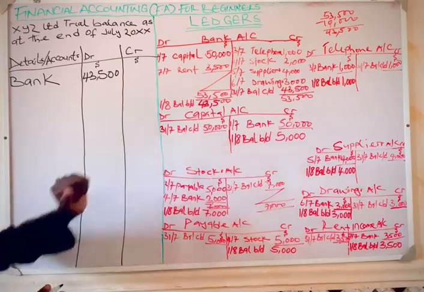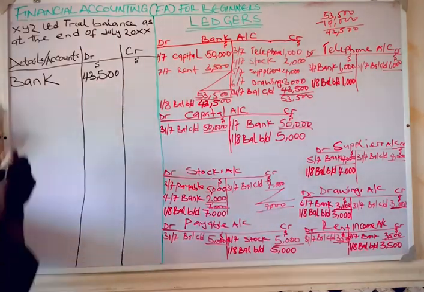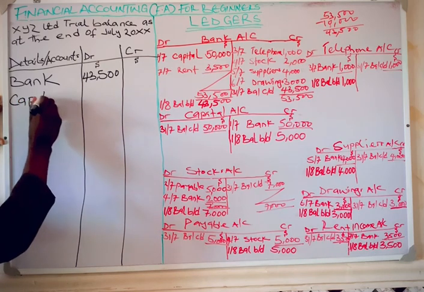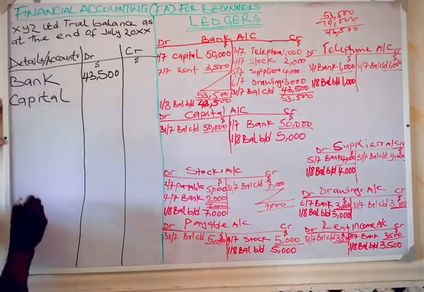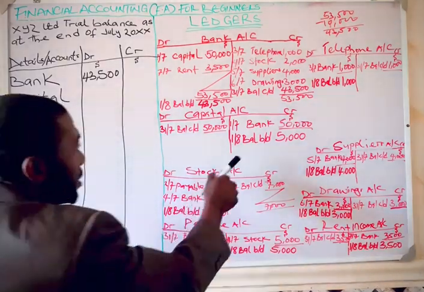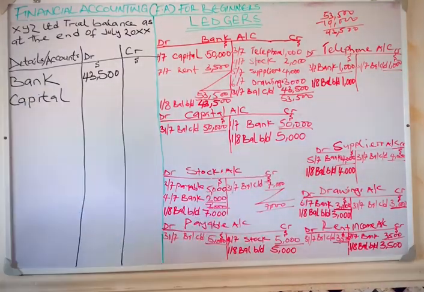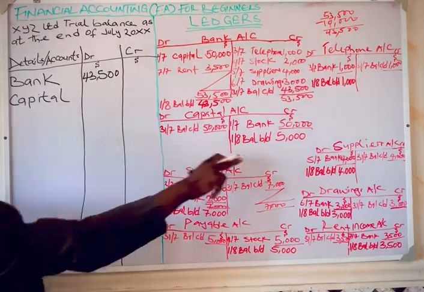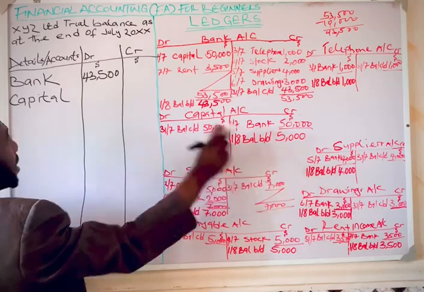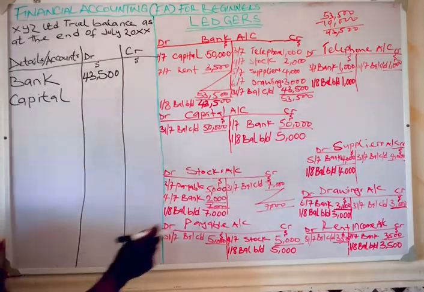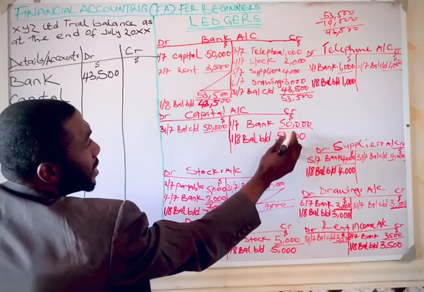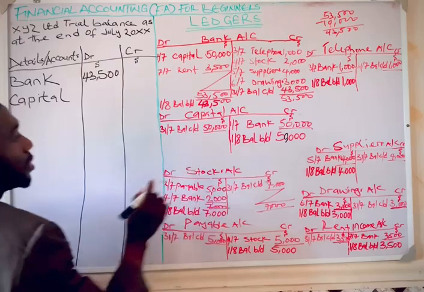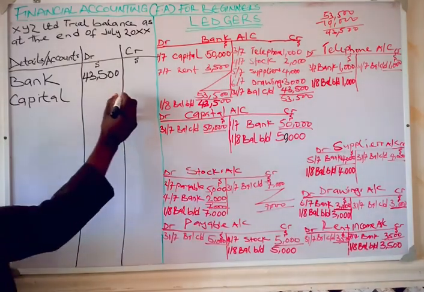We go to the next account, which is the capital account. You write your capital account. The capital account balance BD is at the credit side, so in our trial balance the balance goes to the credit side: 50,000 US dollars.